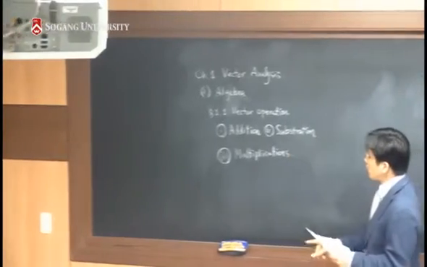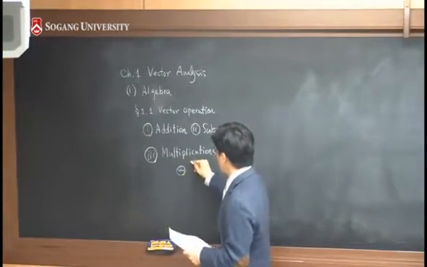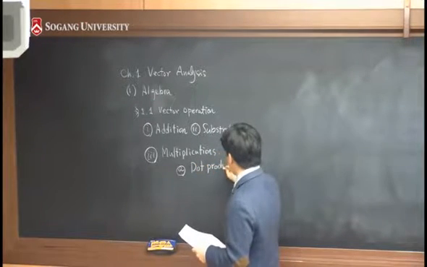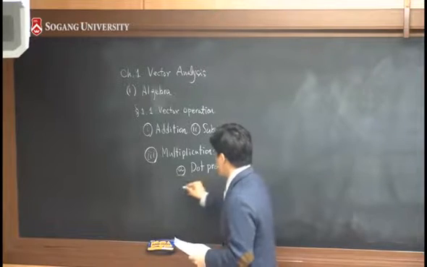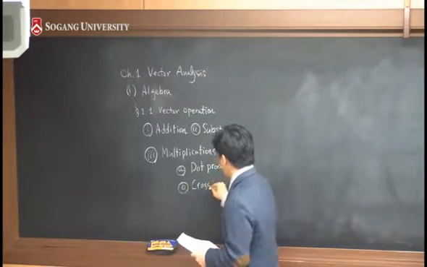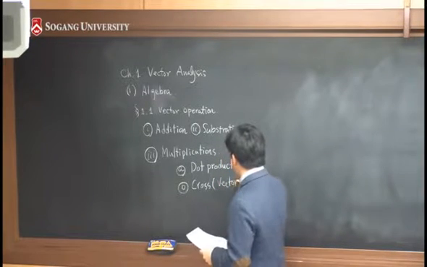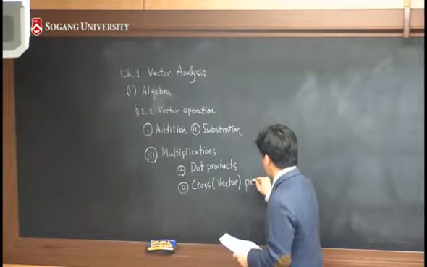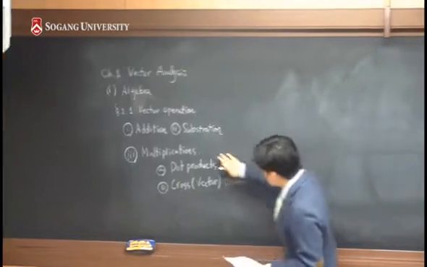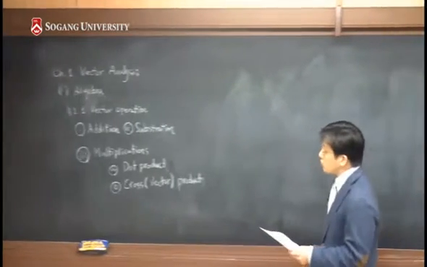In vector multiplication, there were two species. One was the dot product, and the second one was the cross product, or sometimes we call it the vector product.